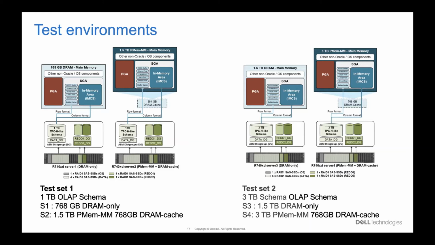So PMem was leveraging 1.5 terabytes of capacity, and the DRAM was used as a cache with 768 gigabytes of capacity. And for the 3 terabyte test, the numbers on the slide are all doubled, and the data set is 3 terabytes.